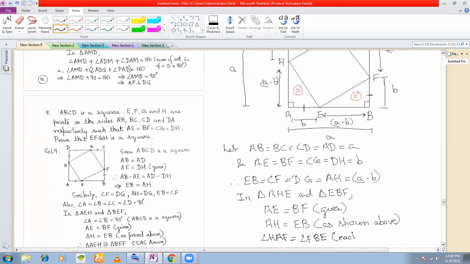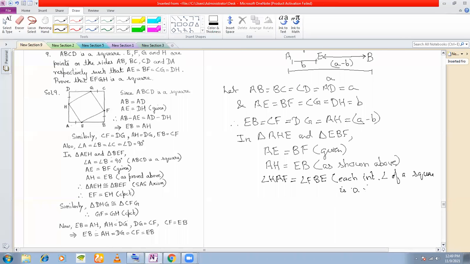Each interior angle of a square is a right angle. So therefore, these two triangles are congruent. Triangle AHE is congruent to triangle EBF.